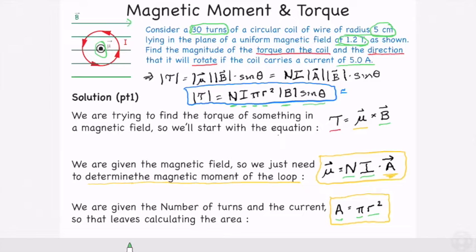And the B vector, and I just realized that this drawing lost its arrowheads, is in the plane of the page and pointing to the right. So the angle between them is 90 degrees, sine of 90 is 1, and if we plug in all those numbers, the final answer is 1.42 Newton meters as our final answer for the magnitude of the torque.